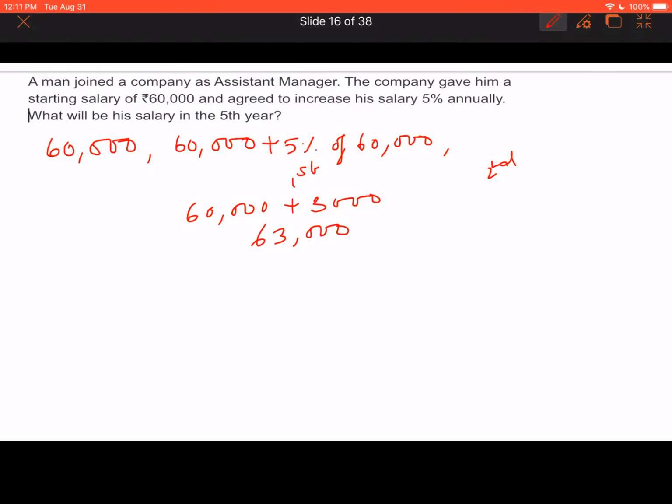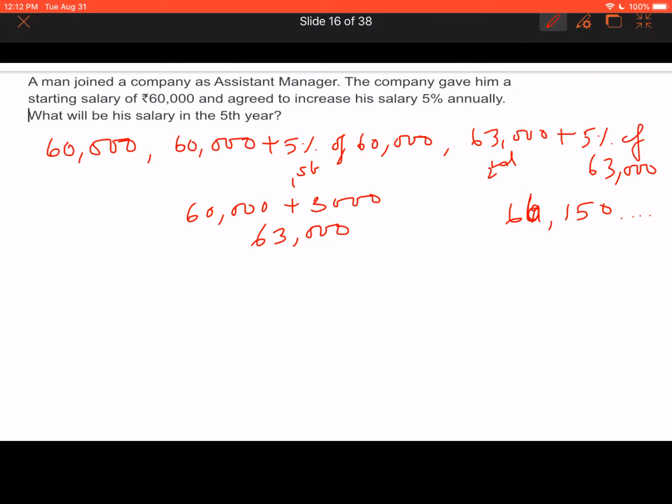So at the second year, this 63,000 plus 5% of 63,000 he'll be getting, which amounts to 66,150. Okay, and it goes on like this.